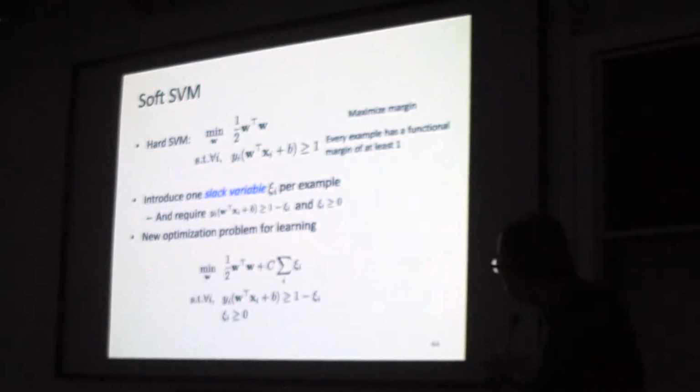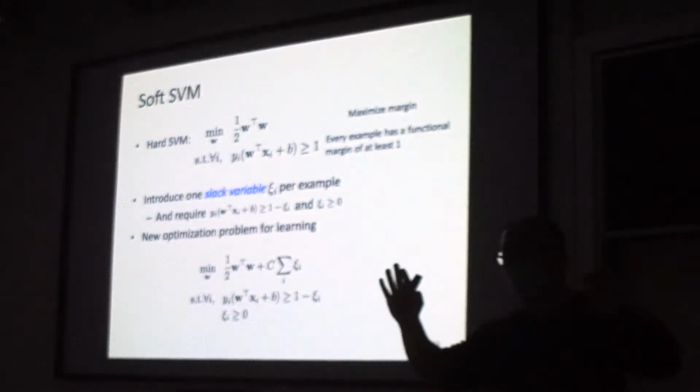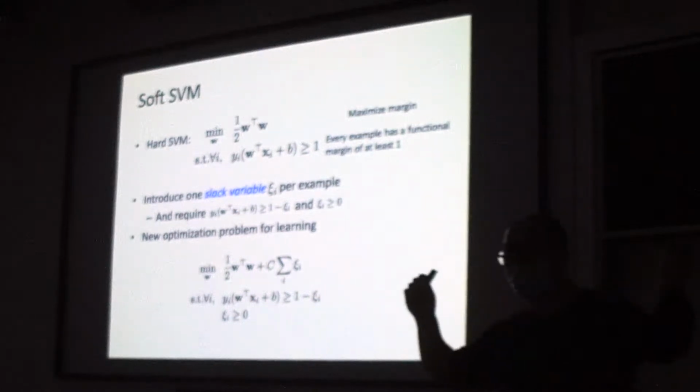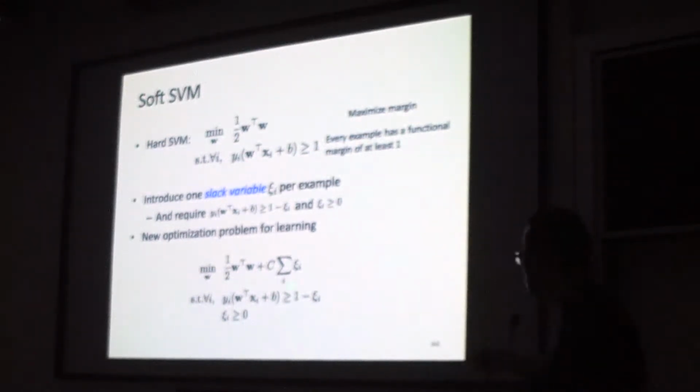So we can see that the new objective function reflects the trade-off between the VC dimension and the training error. The smaller summation of slack variables indicates that fewer examples break into the margin, so the training error is smaller.